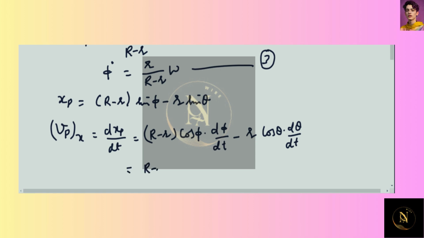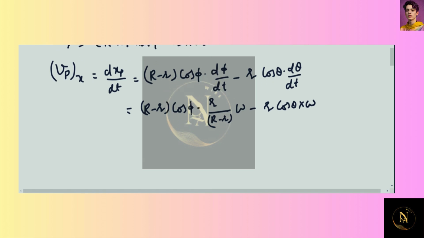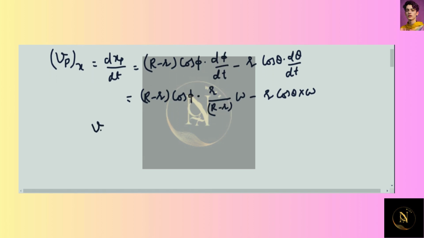So (R minus r) cos of phi into (R minus r) omega upon r minus r cos theta into omega. So on solving it, you will get the velocity of point P along the x-axis.